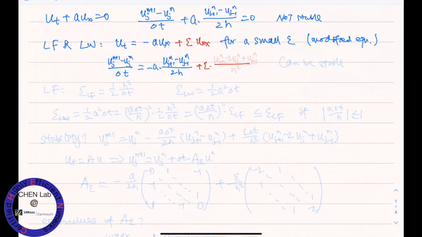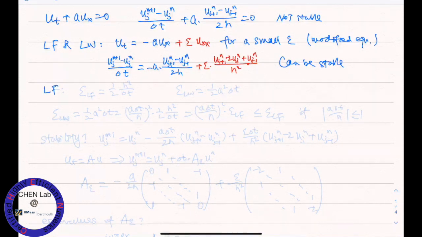What is u_xx? That's (u_{j+1}^n minus 2 u_j^n plus u_{j-1}^n) over h squared. This can be stable. We're adding some artificial viscosity, which introduces some diffusion to the scheme, which brings in stability.